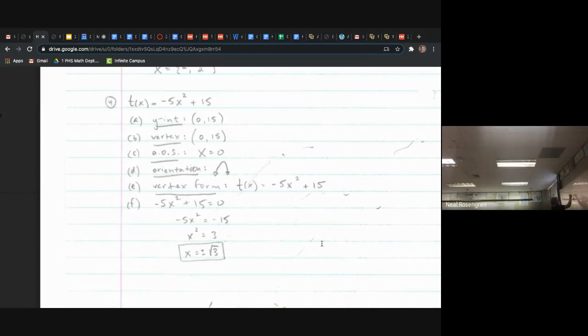Now, if you wanted to, you could factor out the negative 5, right? Because the first kind of factoring that we always look for is the greatest common factor. There's a -5 there, sure. But then that's the difference of two things, but they're not both perfect squares. Well, not perfect rational squares.